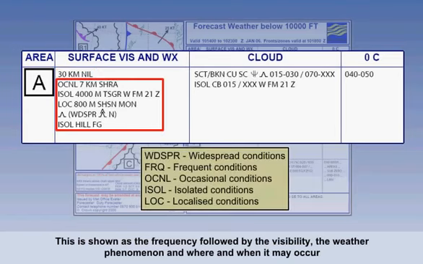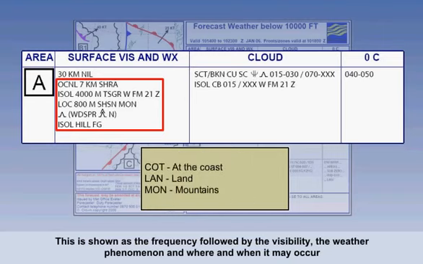More detail on these variations is provided underneath the general information using abbreviations for widespread, frequent, occasional, isolated, and localized. This will be followed by the visibility, the weather phenomenon, and more precise detail on when or where the phenomenon is occurring, such as the coasts, over land, hills, or mountains.